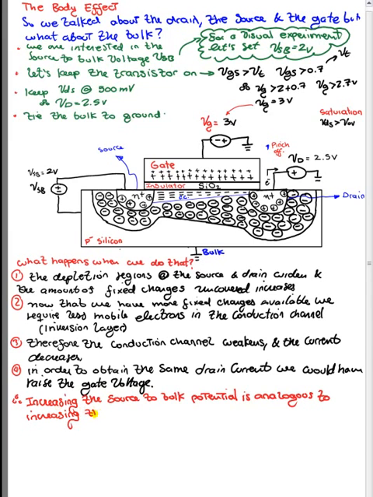Right? Since increasing the source to bulk potential means that it's going to weaken the conduction channel. In order to get the same conduction channel that you had before, you'll have to increase the gate voltage.